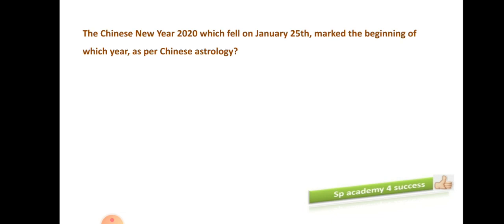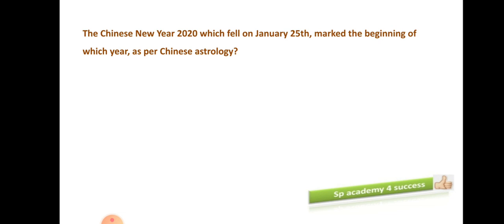Now, just move to the next question. The next question is: the Chinese New Year 2020, which fell on January 25th of this year, marked the beginning of which year as per Chinese astrology? Hope you understood the question. According to the Chinese New Year calendar, they have celebrated their New Year on January 25th.